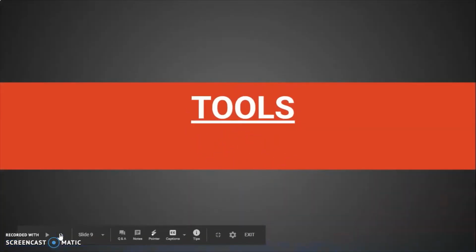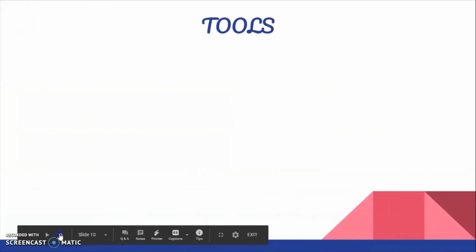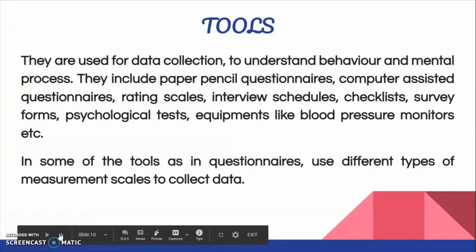And then we will come to the other important point, that's the tools. Let's see what we mean by tools. Tools are used for data collection to understand behavior and mental process. They include paper pencil questionnaires, computer assisted questionnaires, rating scales, interview schedules, checklists, survey forms, psychological tests, equipment like blood pressure monitors, etc. They all come in the category of tools.